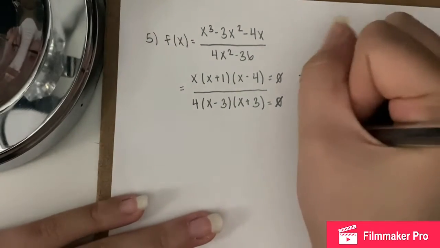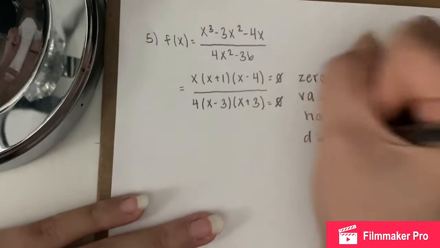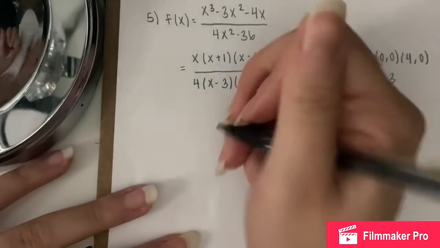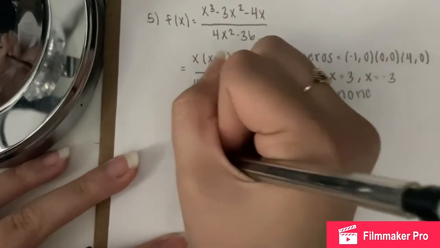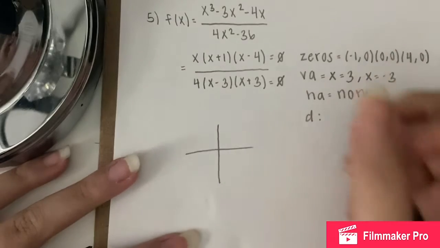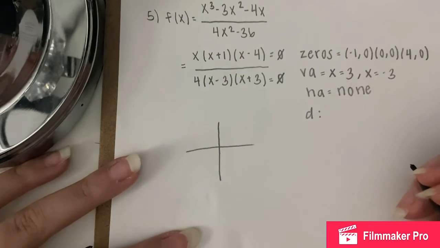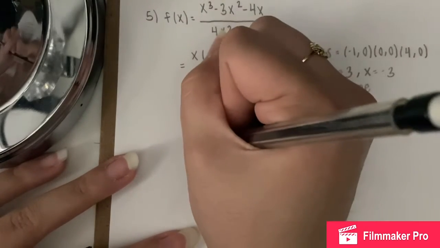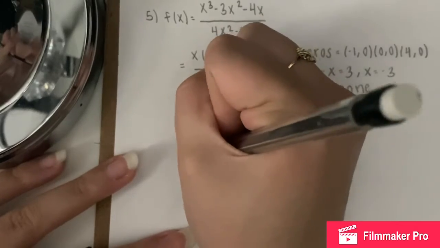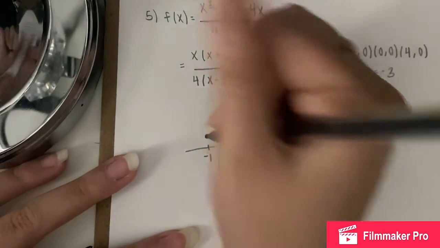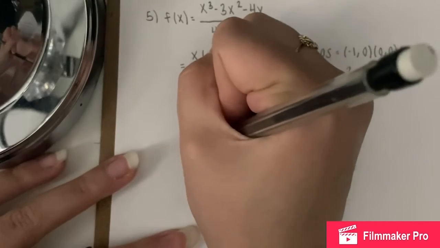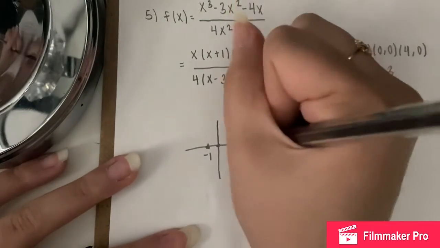Now we need to find our domain, but in order to find our domain, we have to sketch it. So let's just draw a rough sketch of what it would look like. We know that we have a point at -1, so we'll put that around here. We have another one at the origin, and then finally we have one at 4.